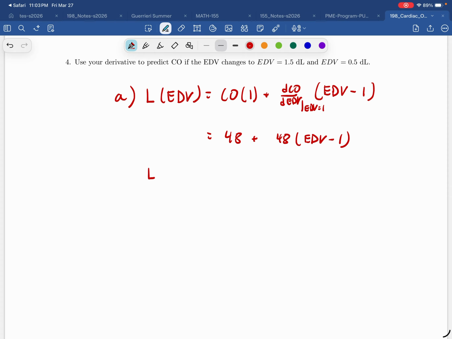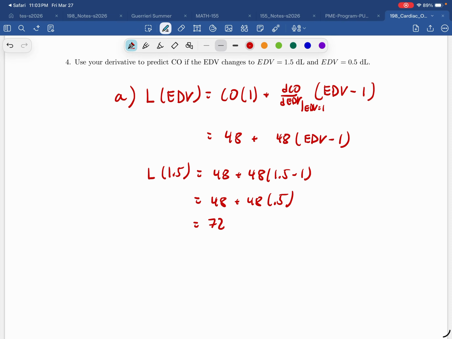So the linearization at 1.5 is just going to be 48 plus 48 times 1.5 minus 1. That equals 48 plus 48 times 0.5, and I think we see that that's 72.